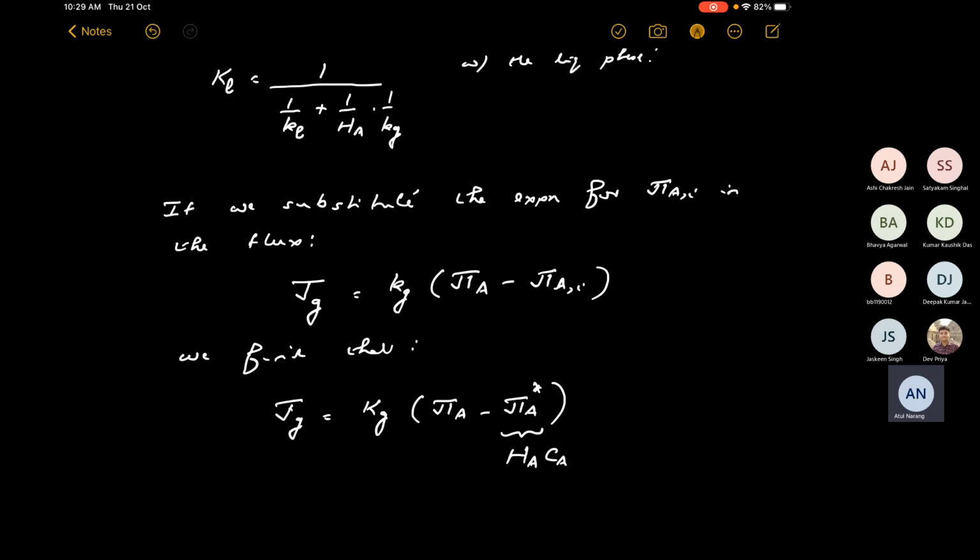So this is the concentration in the gas phase that would be in equilibrium with the real concentration CA observed in the bulk of the liquid phase.